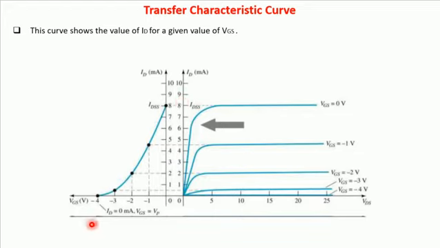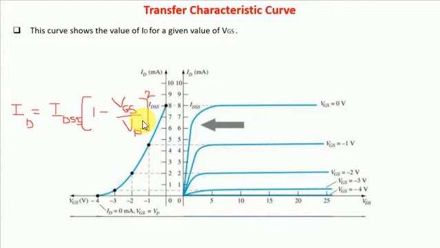The relation between ID and VGS is defined by Shockley's equation, which states that the drain current ID is equal to IDSS into (1 minus VGS divided by VP) whole squared. Here IDSS is the maximum drain current or source saturation current, and VP is our pinch off voltage.